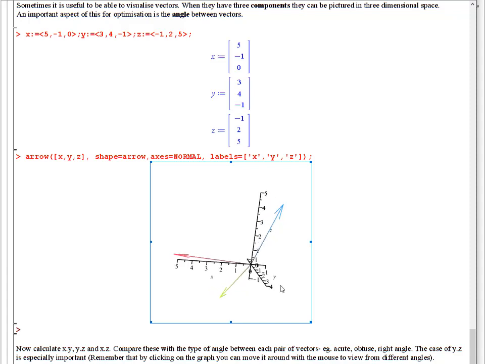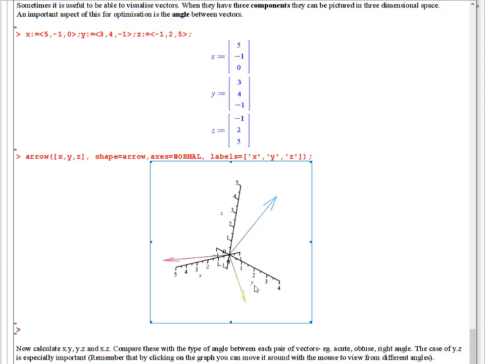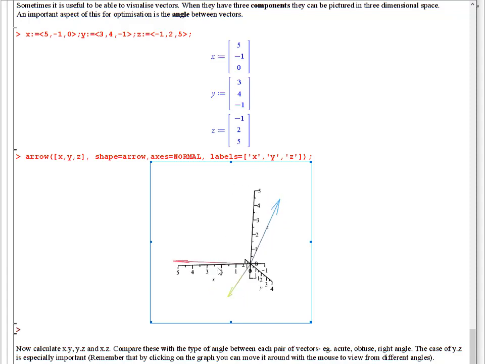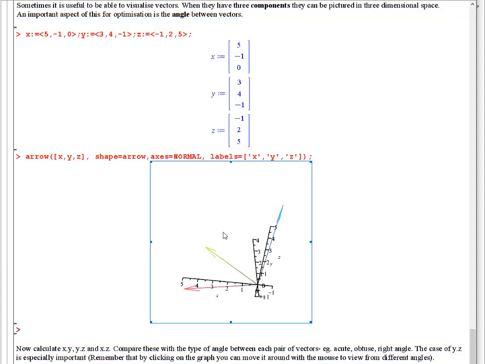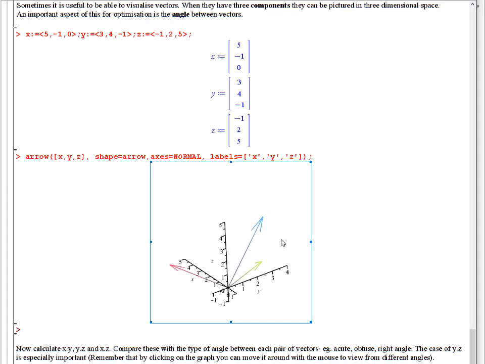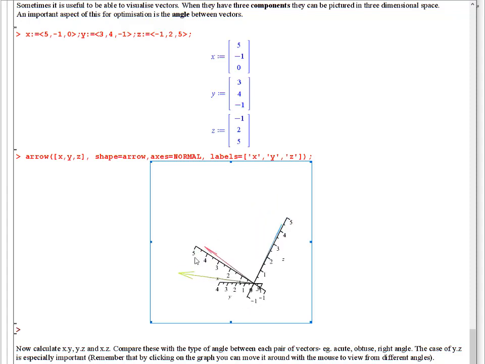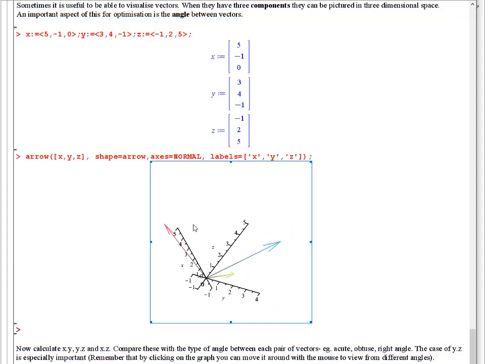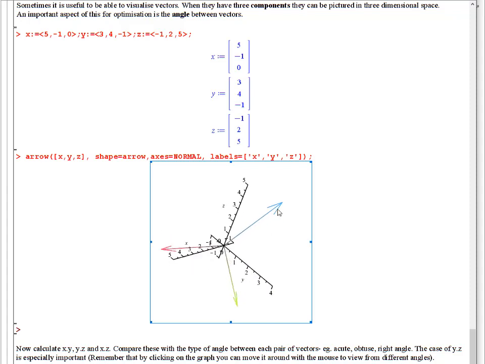So your job now, if I put it into a position you can see, you should be able to tell which one is the blue one, which is the red, and which is the green. So if you want to look at that, I'll move this around for a moment. Fast forward if you're getting bored. I just want you to have a look and see if you can tell me which is the green and which is the blue.